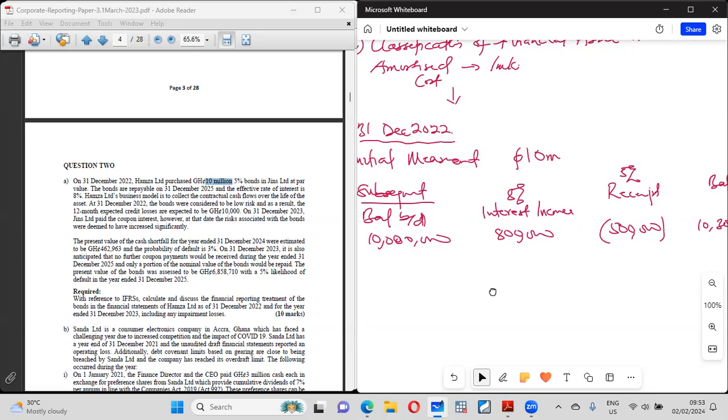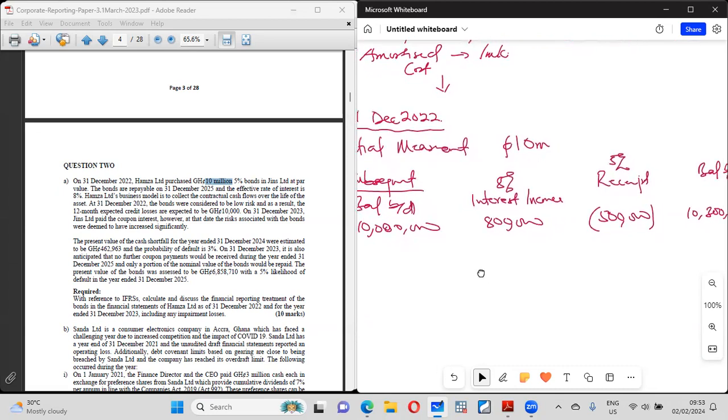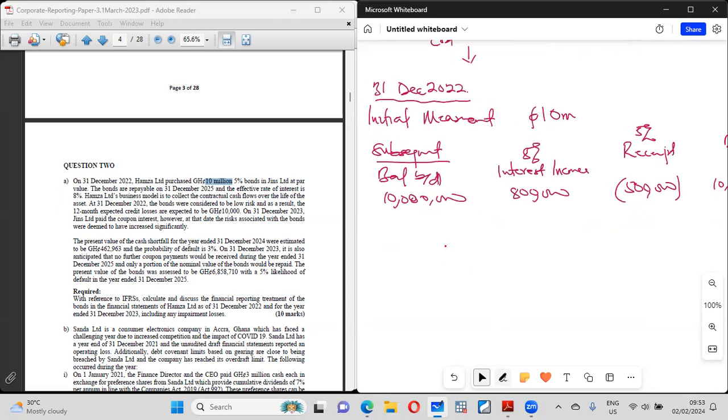So we've done that. But here, there is a credit loss. A credit loss of how much? They gave it to us: 10,000, the 12 months expected credit loss. It's as simple as this. What is going to happen to our 10,000?